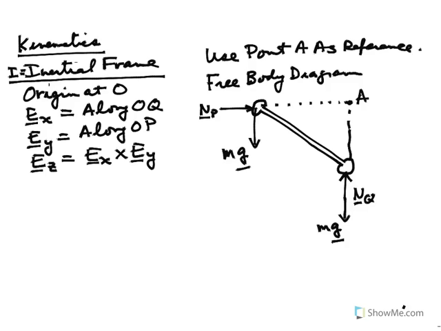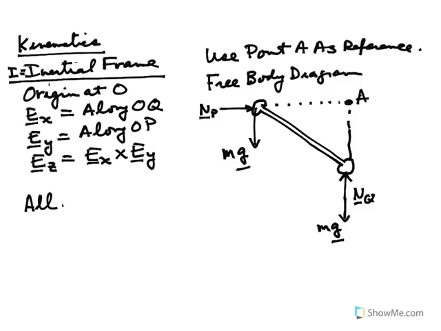This is point A. So if we do an angular momentum balance relative to point A, all of the forces that go through point A are not going to create a moment relative to point A. So let's write that down.